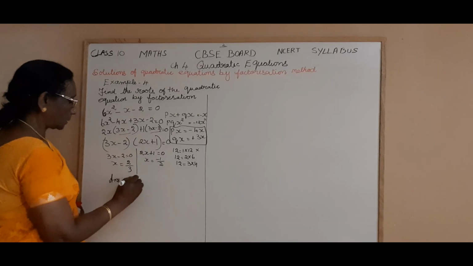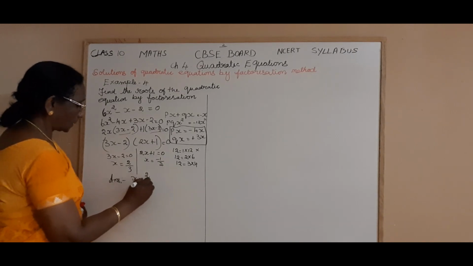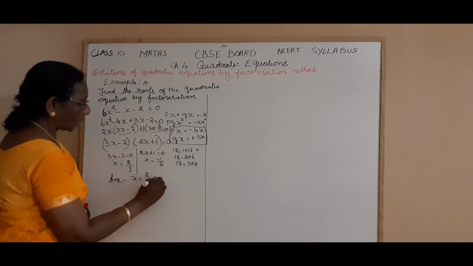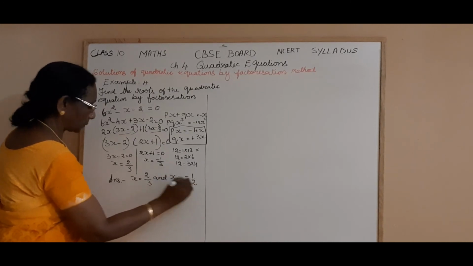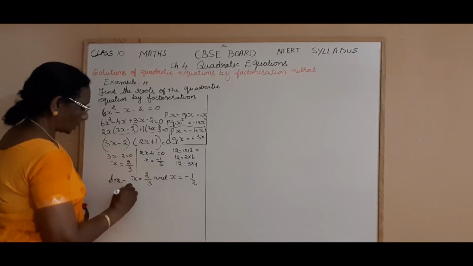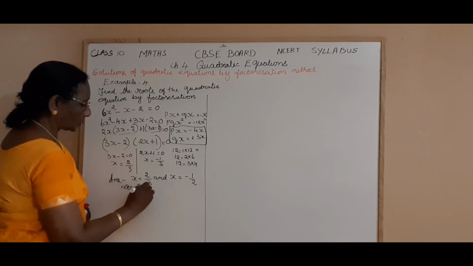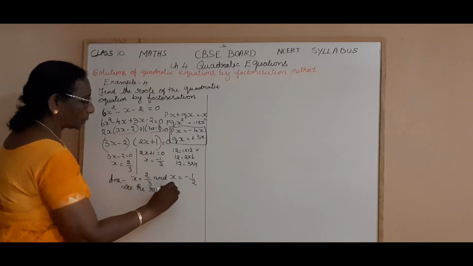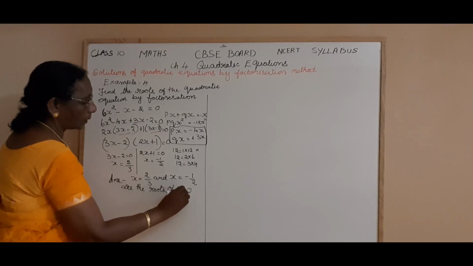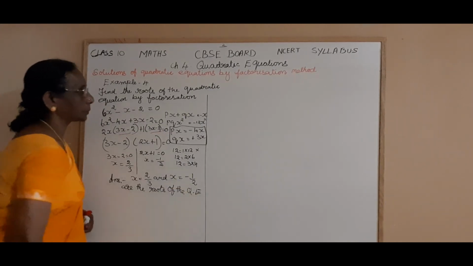Answer, x is equal to 2 by 3 and x is equal to minus 1 by 2 are the roots or solutions of the given quadratic equation.